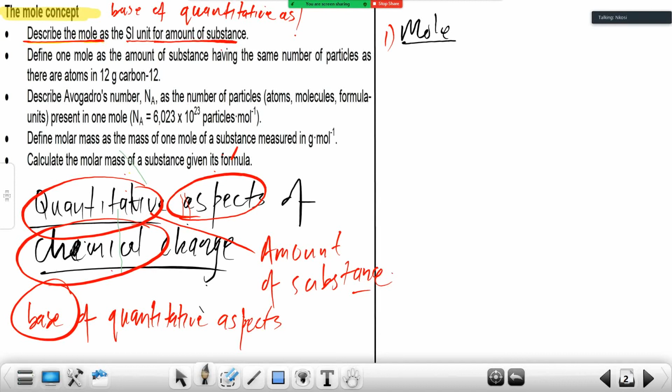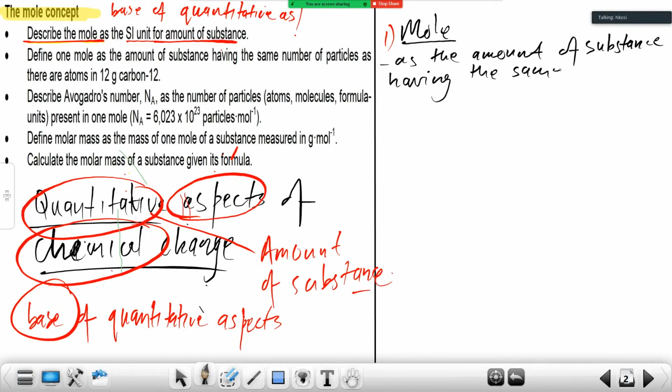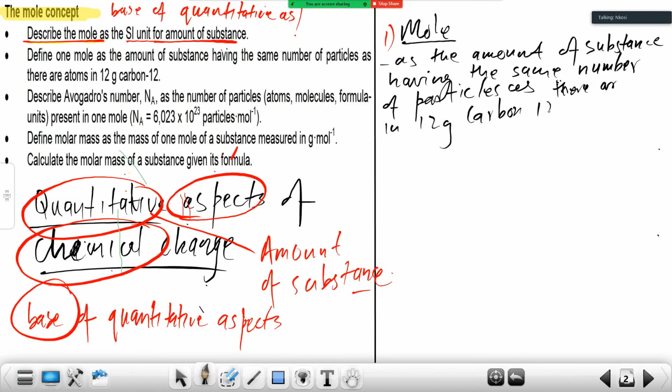So a mole is defined as the amount of substance having the same number of particles as there are atoms in 12 gram carbon-12.